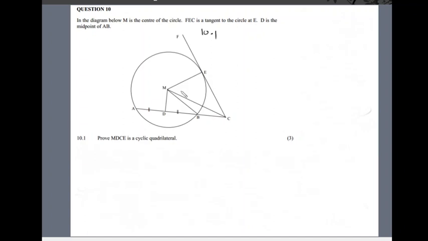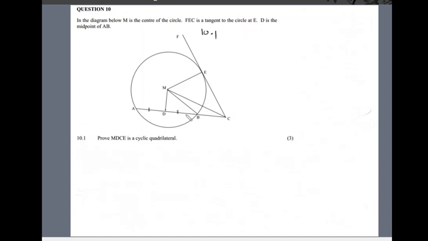You are required to prove that this is a cyclic quad. Therefore, you cannot use one of the properties of a cyclic quad. So when you are proving something, assume that you don't know that it's a cyclic quad, but you want to show that it's a cyclic quad. So if you can show that D plus E is equal to 180, therefore you can conclude that this is a cyclic quad because it has some of the properties of a cyclic quad.